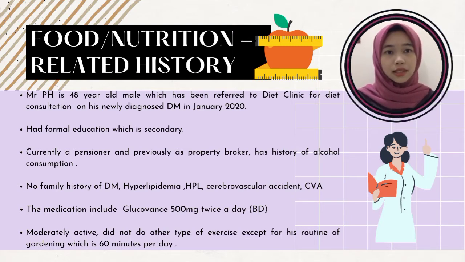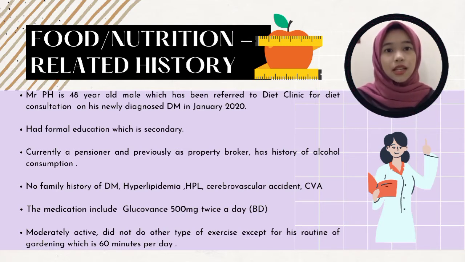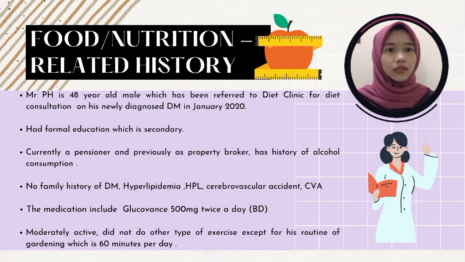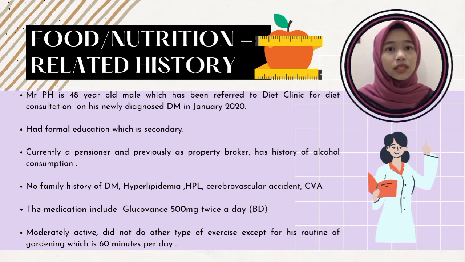Mr. PH has a history of alcohol consumption. He has no family history of diabetes mellitus, hyperlipidemia HPL, and cerebrovascular accident CVA. The medication includes Glucovans 500 mg twice a day. He is moderately active. He did not do other types of exercise except for his routine of gardening, which is 60 minutes per day.